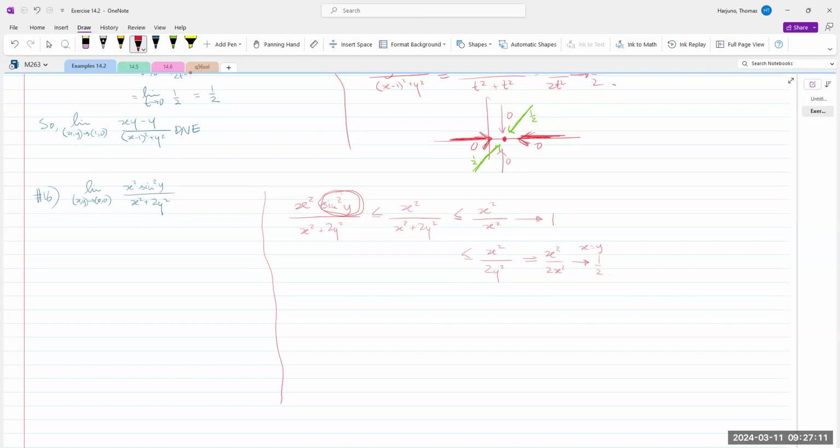But if I set x equals y, so t squared sine squared t over t squared plus 2t squared, that's t squared sine squared t over 3t squared, that's sine squared t over 3. That still goes to 0 as t goes to 0.